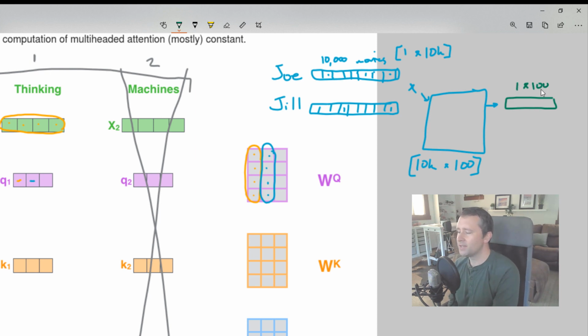And this vector now represents Joe's taste in movies. And we would do the same thing for Jill over here. Multiply, and that produces Jill's taste vector.